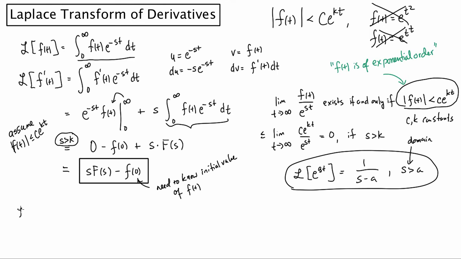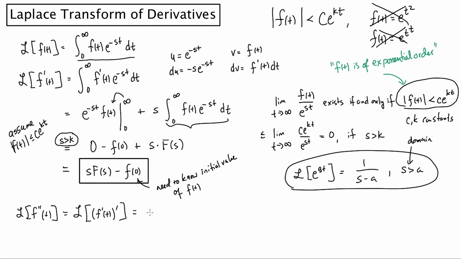Now suppose I wanted to find the Laplace transform of the second derivative. Well, this is one of those cases where it pays to work a little bit smarter. We're going to look at this as being the Laplace transform of f prime, the derivative of that, and the reason is we can use the above formula.